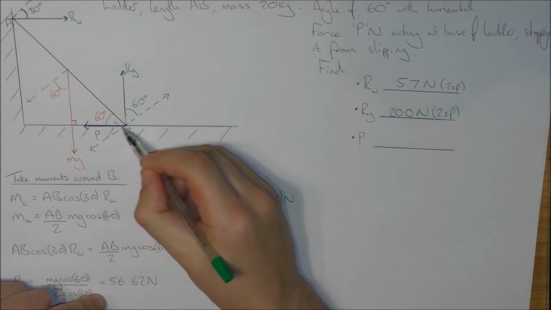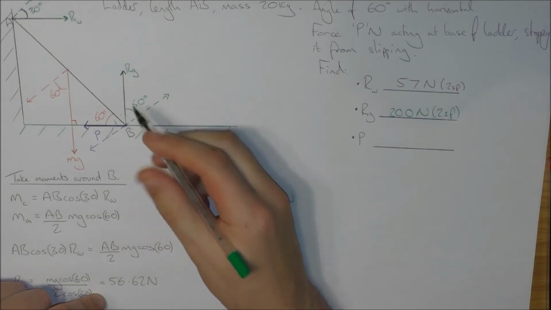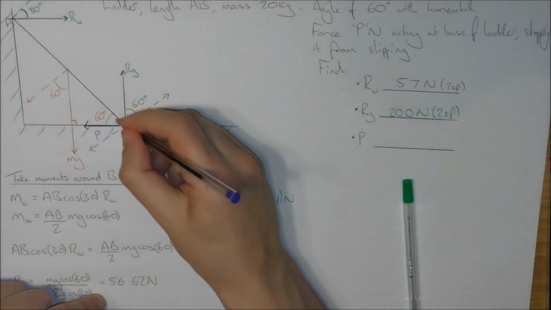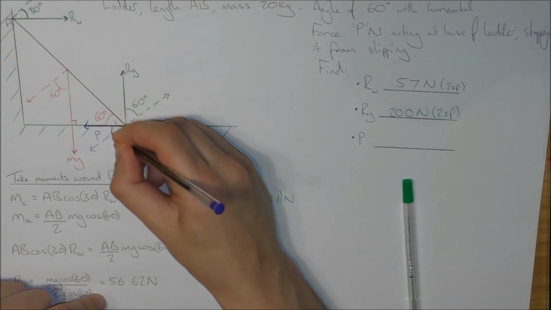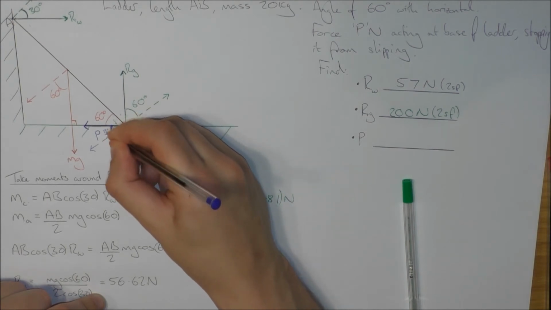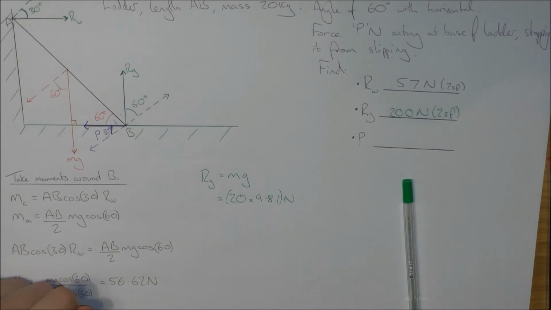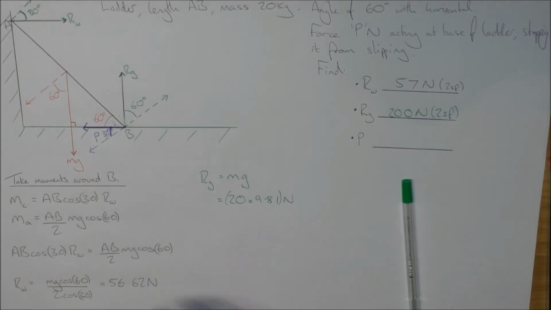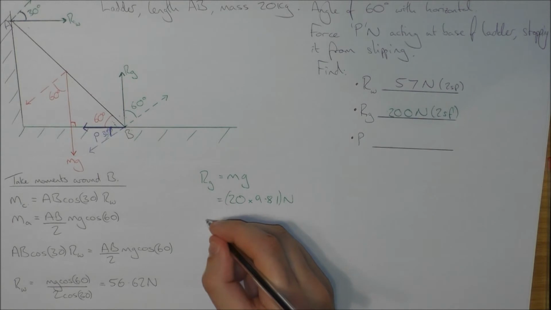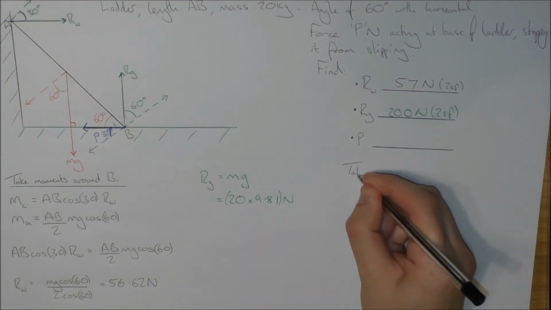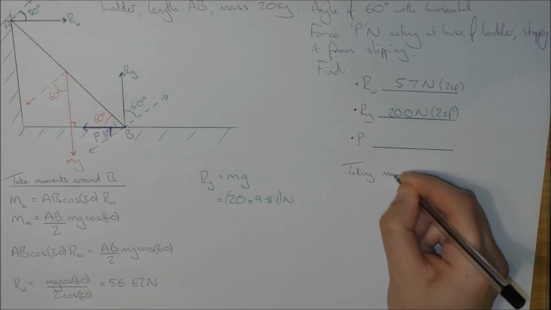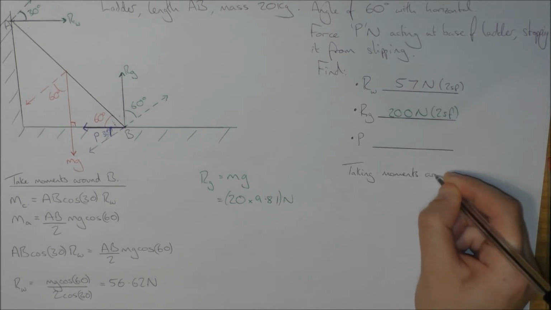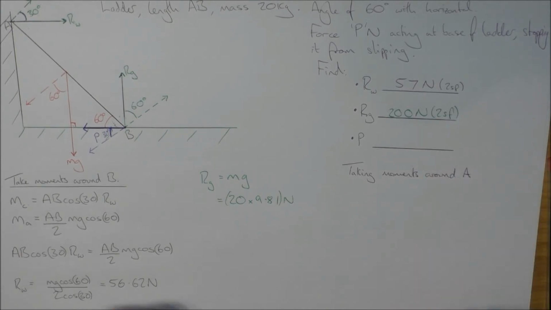And if this angle here is 60 degrees, is 90 degrees even, that one's 60, that makes this angle there 30 degrees. So, I am going to look at taking moments around A.